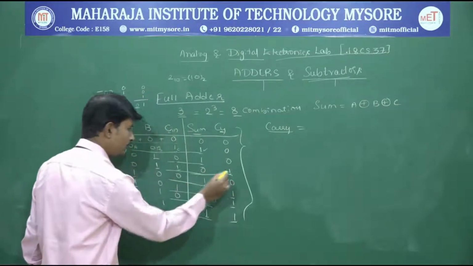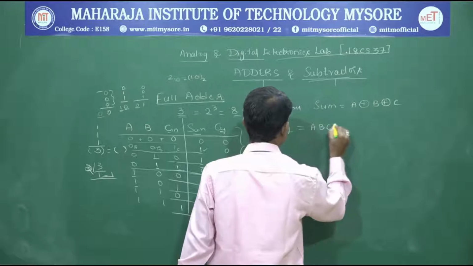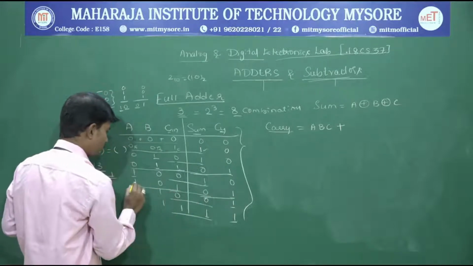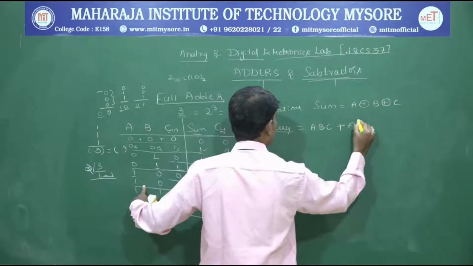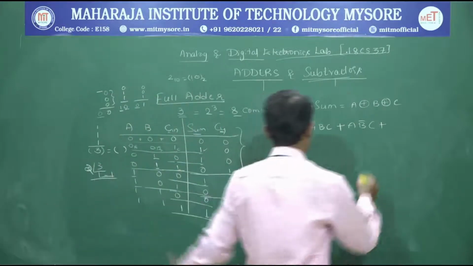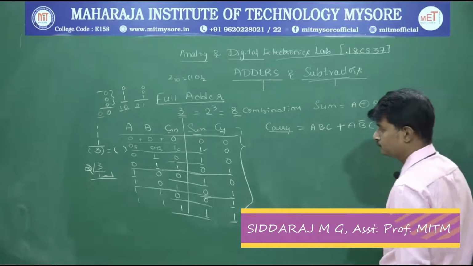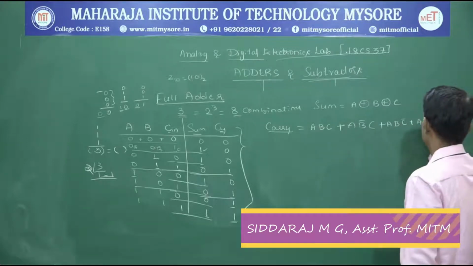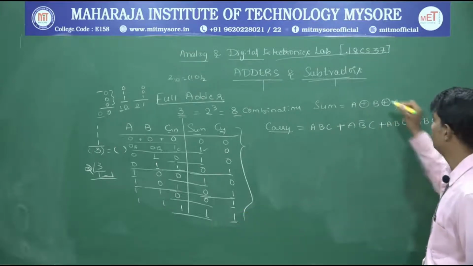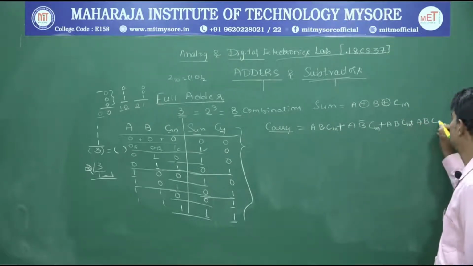So when C is equal to high, I'm going to get the first SOP form as A bar BC plus the second thing is like here A B bar and then C. The next is A B C bar plus A B C. Now for the simplicity I have just taken it as a C. So you can just replace it with a C in, and you can write it here also like A C in and then C in.